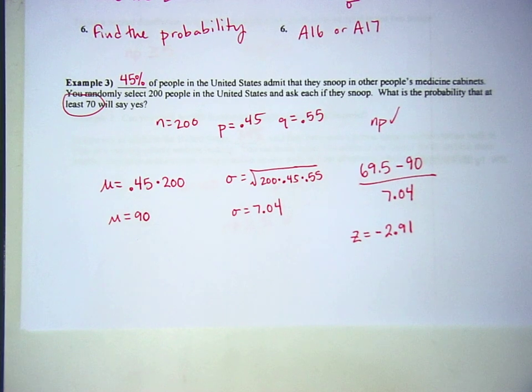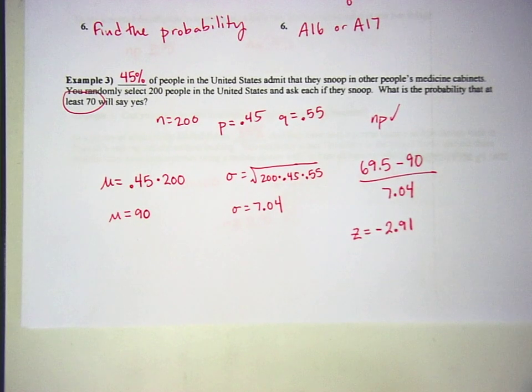Grab your A16 chart. I was about to say that I don't know where my A16 chart is, and then I realized I could just look in the book on page A16.